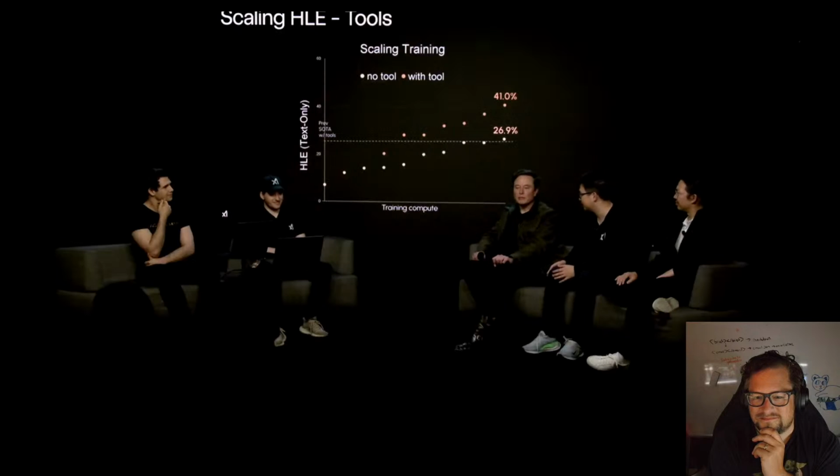It's not just that the problem itself needs to be challenging, but you also need a reliable signal to tell the model you did it wrong, you did it right. This is the principle of reinforcement learning. And as the models get smarter and smarter, the number of challenging problems will be less and less. So it's going to be a new type of challenge that we need to surpass besides just compute.